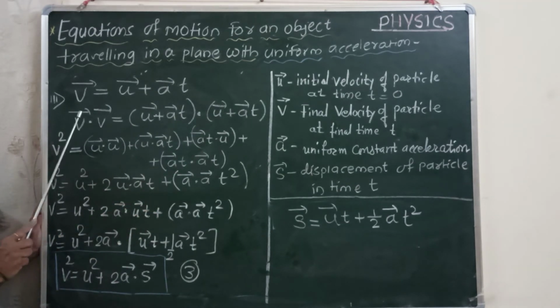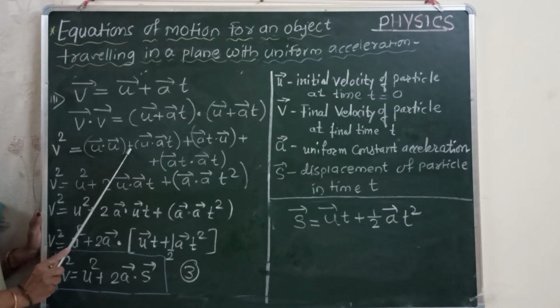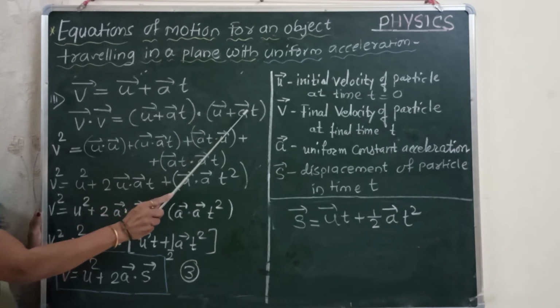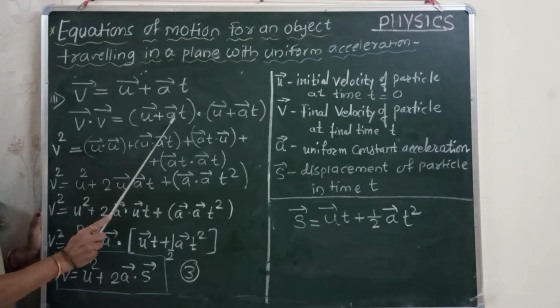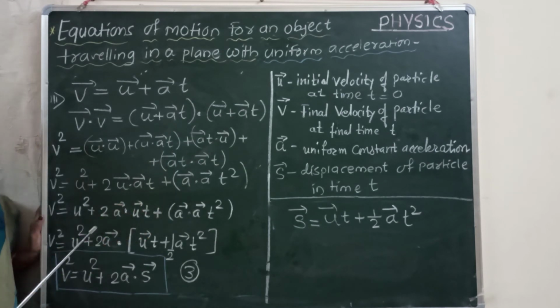V dot v, the self dot product: if a vector is multiplied with the vector itself, then its magnitude is equal to the square of the magnitude of that vector. So v dot v comes to be v square, which is equal to u dot u plus u dot at plus at dot u plus at dot at.